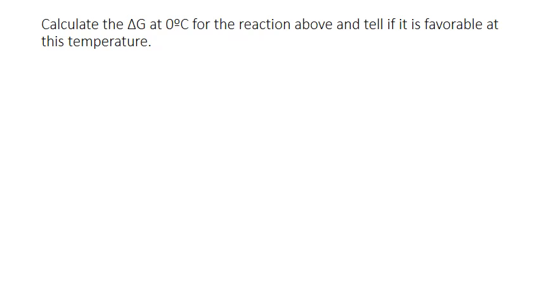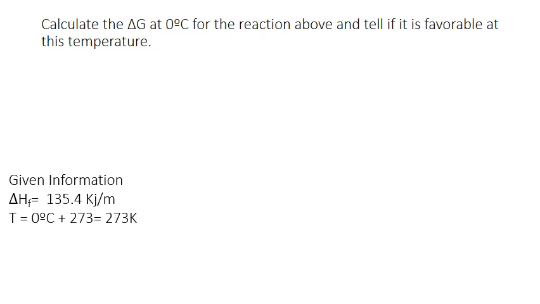The next type of problem is to calculate delta G, and this time it's at 0 degrees Celsius. For this reaction, we're going to tell again if it's favorable at this temperature. So we're going to use our given information again, our delta H of 135.4 kilojoules per mole. This time our temperature is given to us in Celsius. In order to do these problems, we have to convert it to Kelvin.